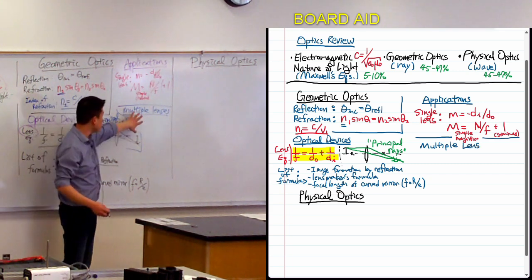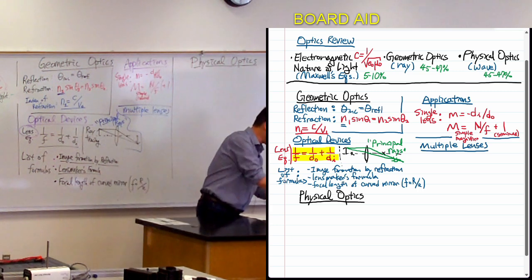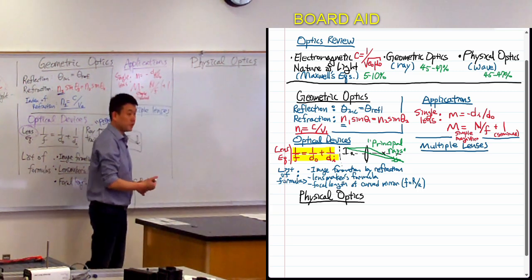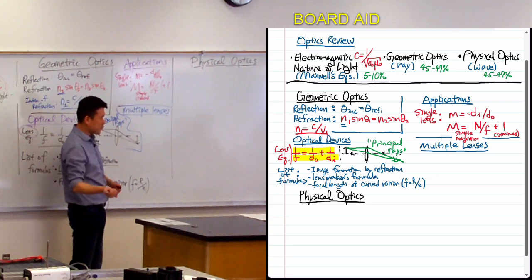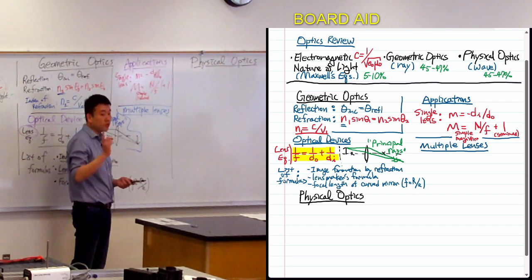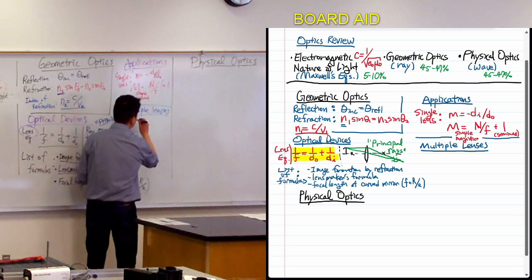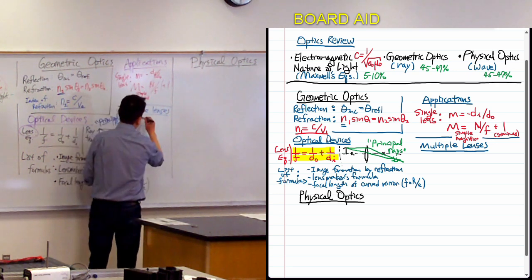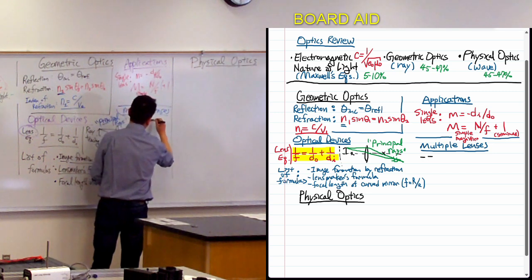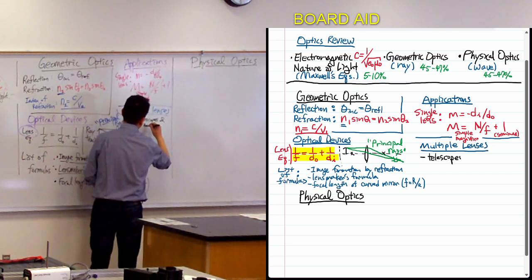Let me just tell you the things you should remember about multiple lenses. There are two examples of multiple lens setups worked out in your book. I don't ask a lot of questions about those either in your homework or anywhere, but I think reviewing those setups will help reinforce what you're supposed to know. Those two examples in the textbook are telescopes and microscopes.